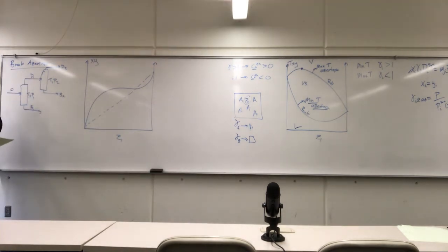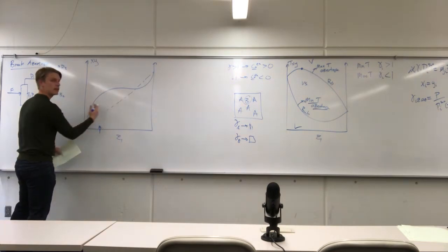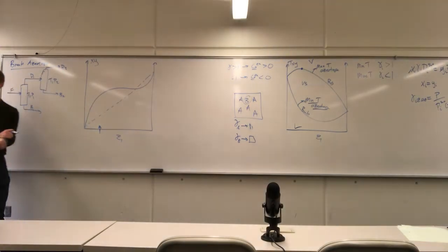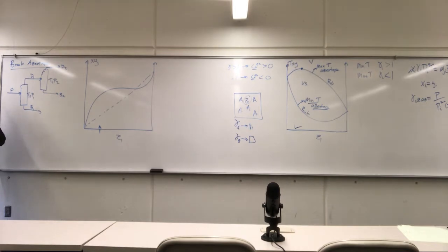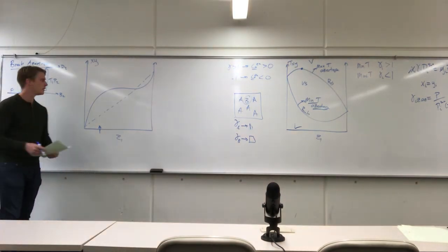So let's say, for example, our feed composition is somewhere in the left-hand side of our XY diagram, meaning we're going to be below the azeotrope composition with respect to component 1 in the system.